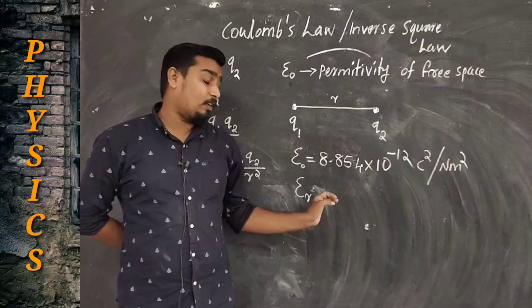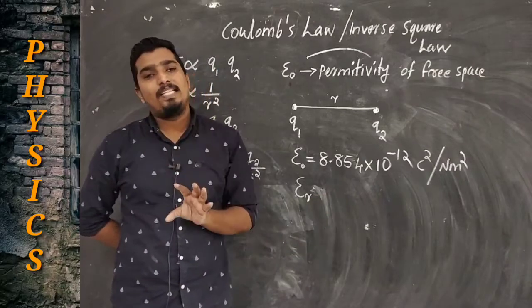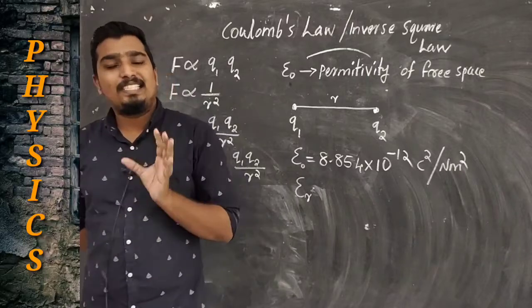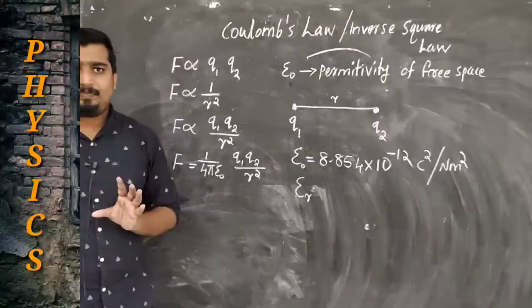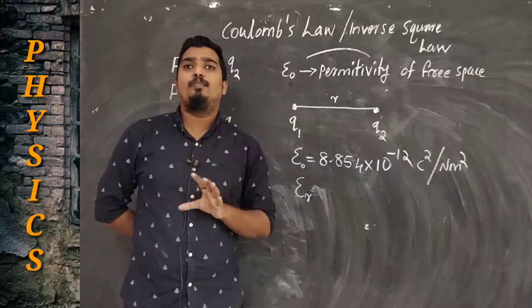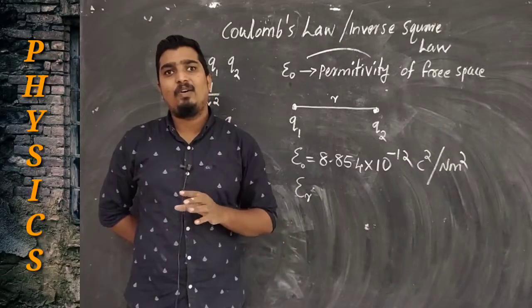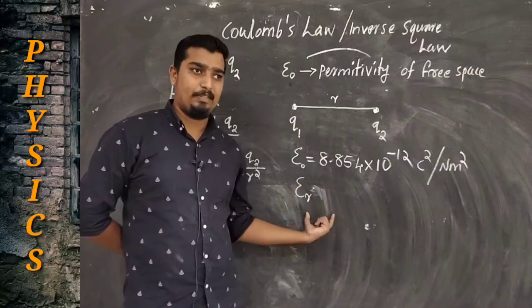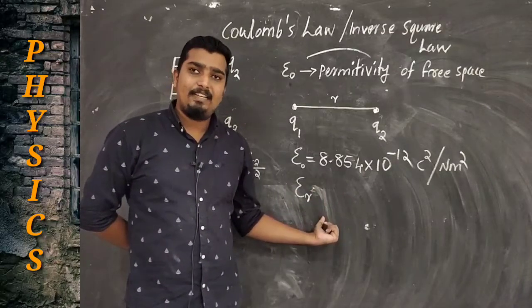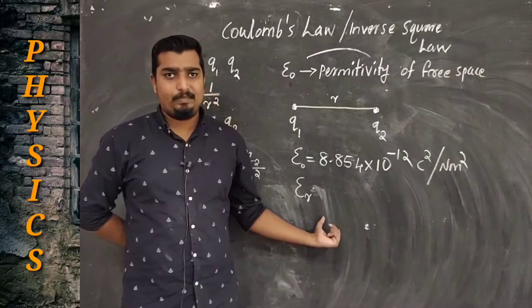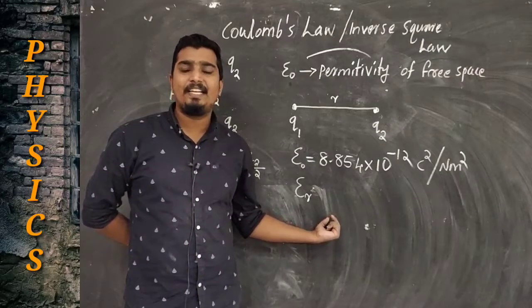Epsilon r is the permittivity of the medium in which the charges are placed, relative to the permittivity of free space, and is called relative permittivity. It is also called the dielectric constant.